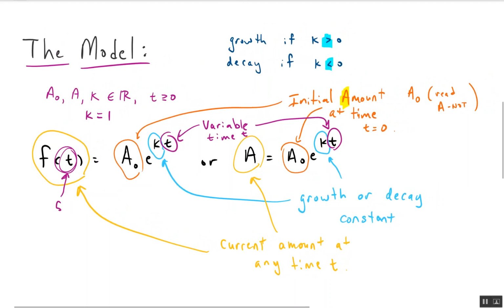So what else do we have left? Oh, we've got one last thing. We haven't talked about this e. Well, what is that e? That e is the natural exponential, e to the x.